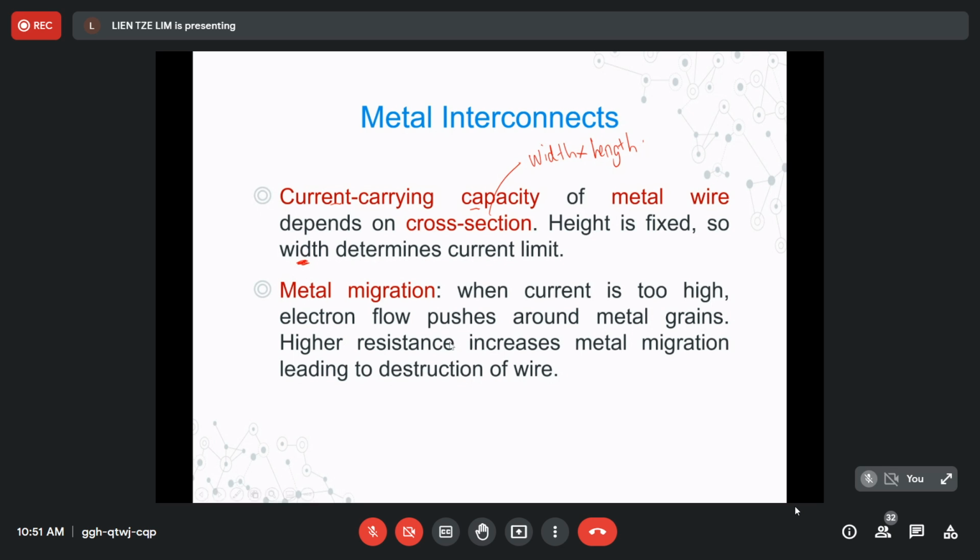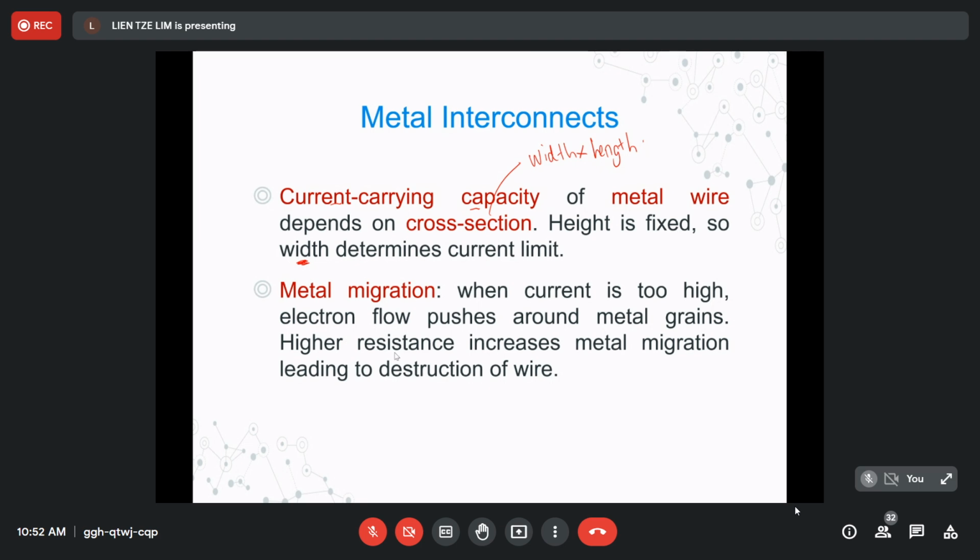This means that a metal interconnect has its maximum limit. The maximum limit here refers to how much current the metal layer can allow to flow through it. The current carrying capacity of that metal layer is also determined by the material used.